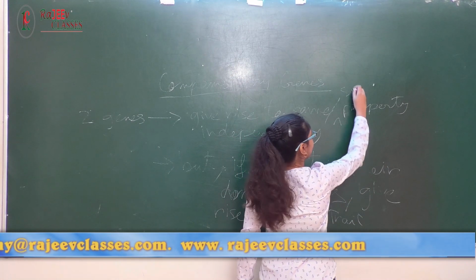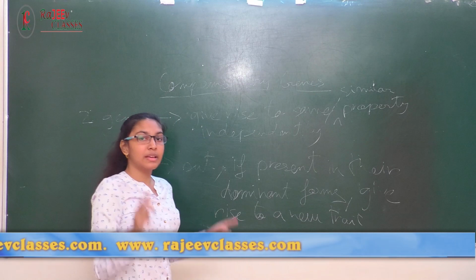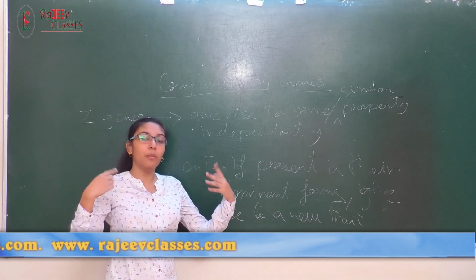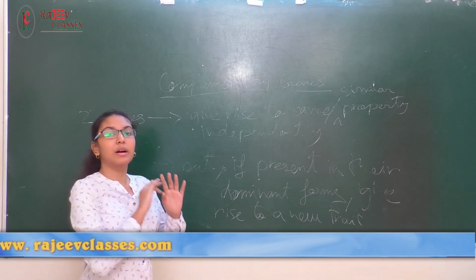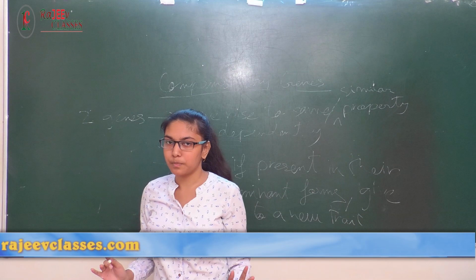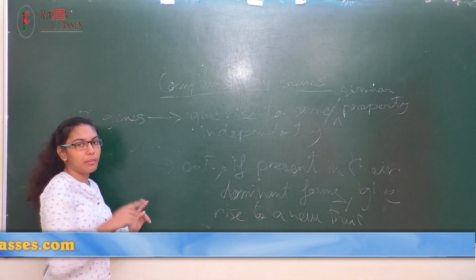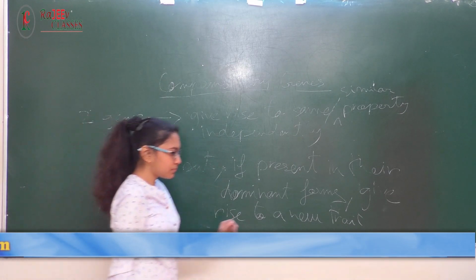But if both have the dominant allele present together, it will give rise to a completely new character. Okay, it will become easier with the next example I am about to give you. But make a note of this, please.